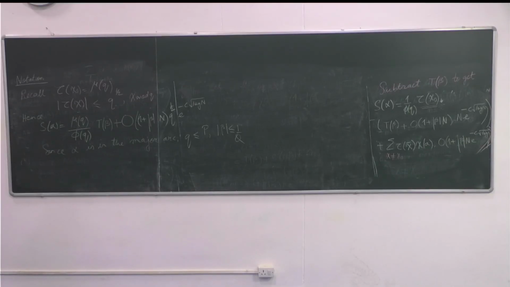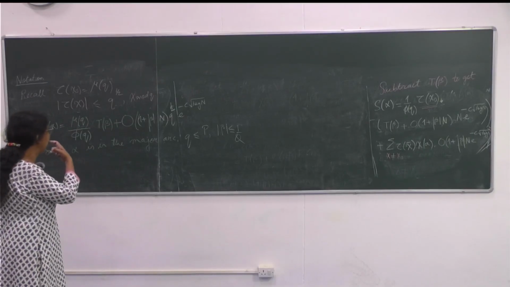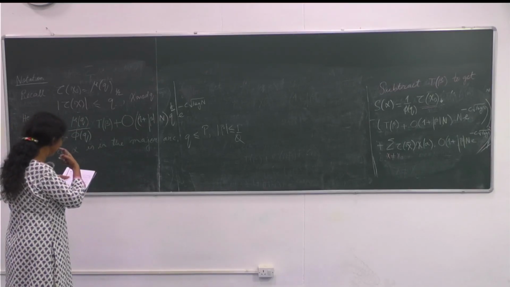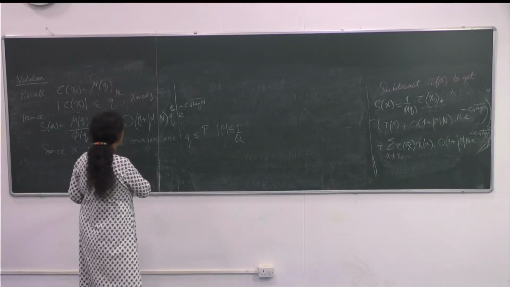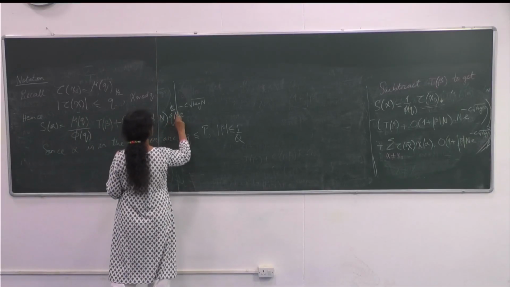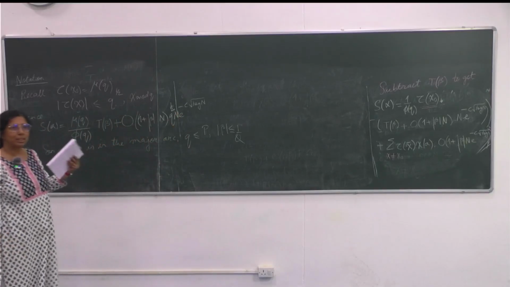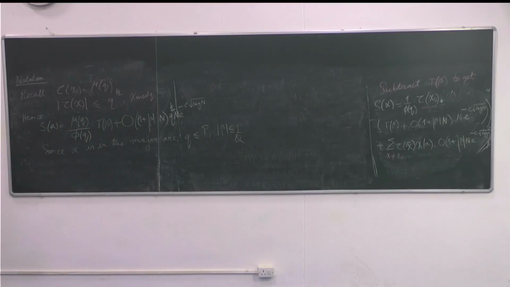Q to the power half and then an N? Yes, okay. So beta, this was the construction of our major arc, remember? So I am allowed to use them. If not, why did we have them?